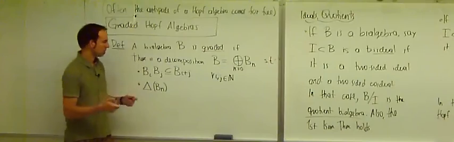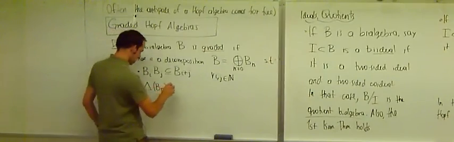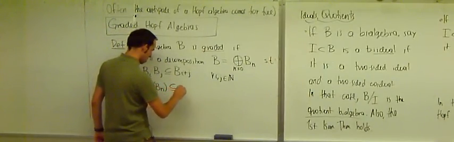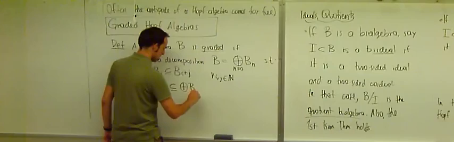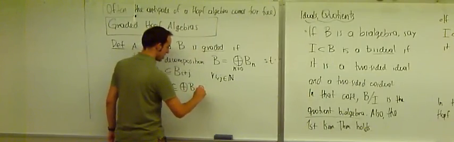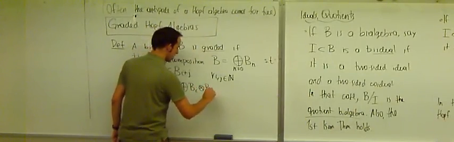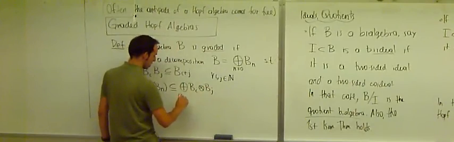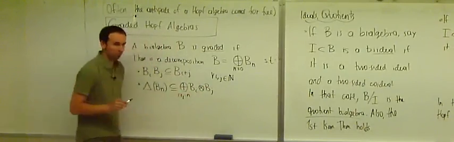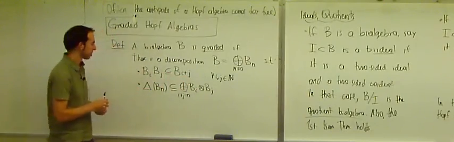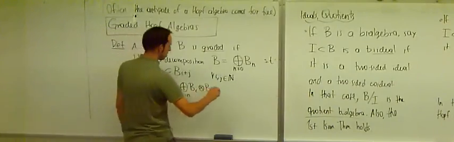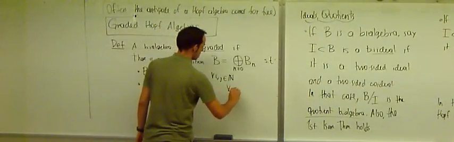It should be a sum of things of the form something of degree i, something of degree j, where i plus j is equal to n. So the degree gets distributed among the two components. This should be true for all natural numbers n.